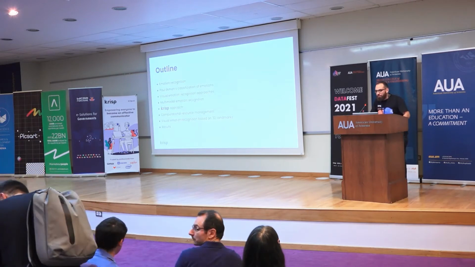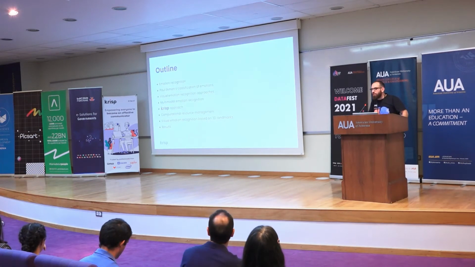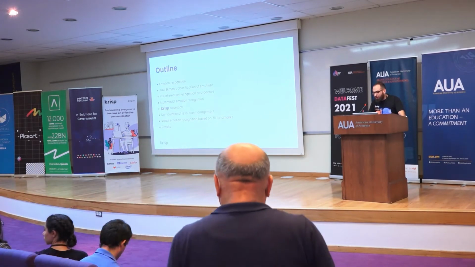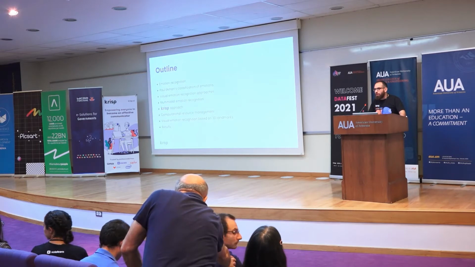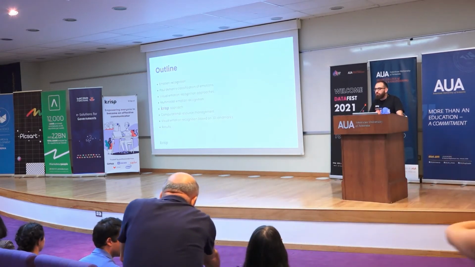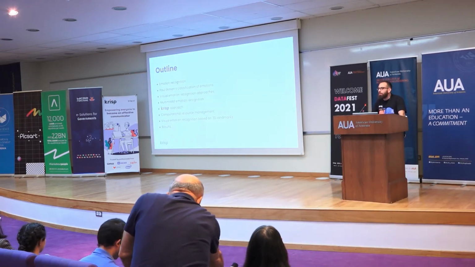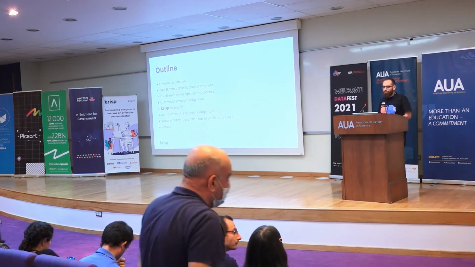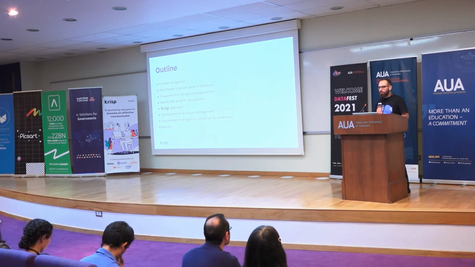We'll talk about multimodal emotion recognition, taking into account multiple channels, about Krisp's approach to emotion recognition, on how to manage computational resources when you have multiple products, and the main topic, visual emotion recognition based on 3D based networks. And I'll share our results.